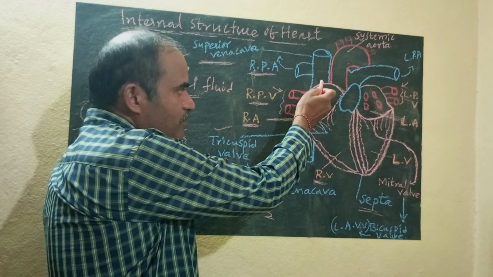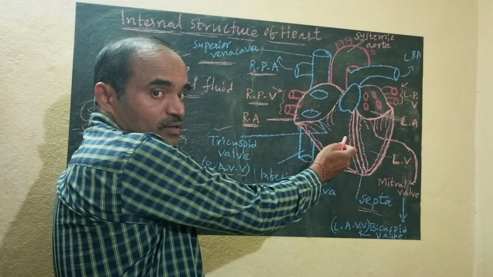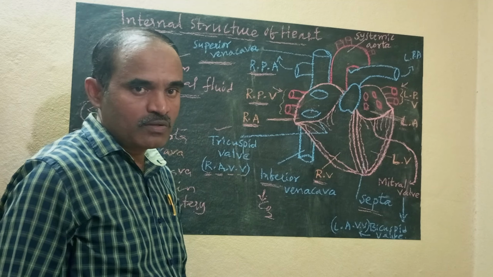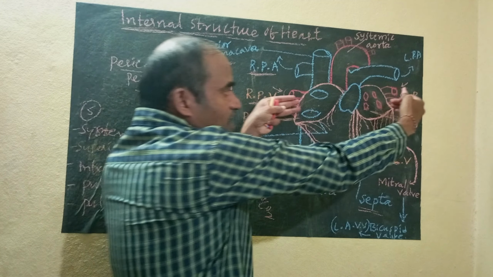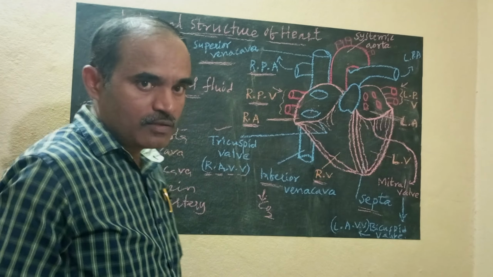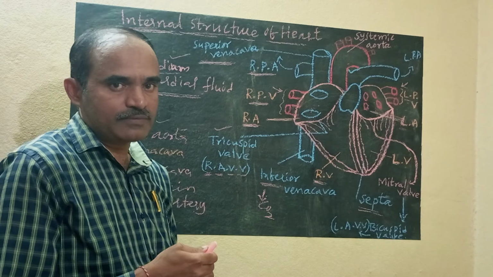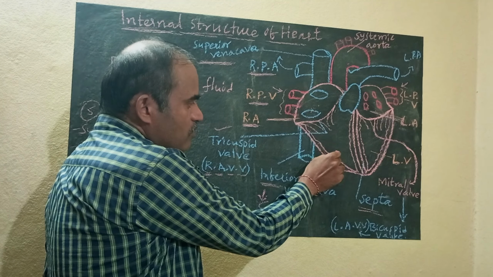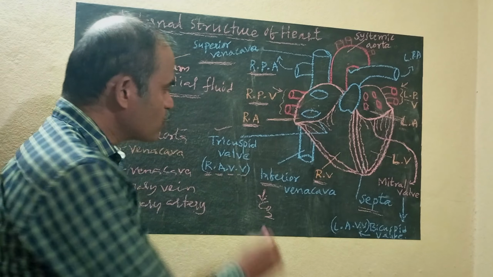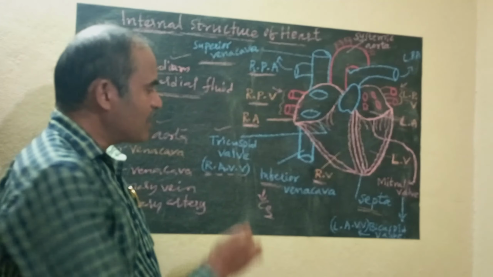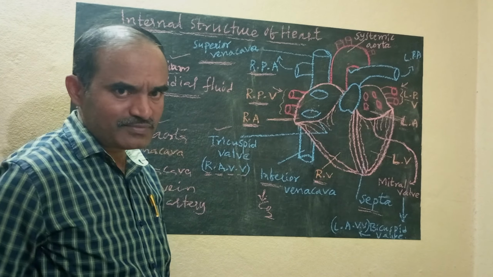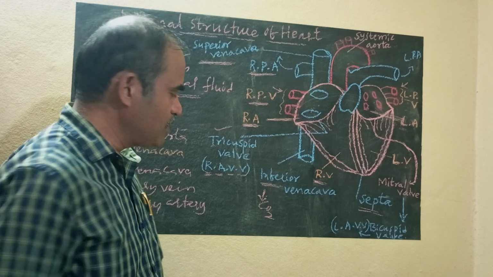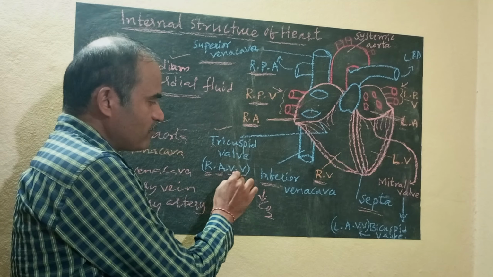Blood flows from the right atrium to the right ventricle through the tricuspid valve when the upper two chambers contract, meaning they move inwards.